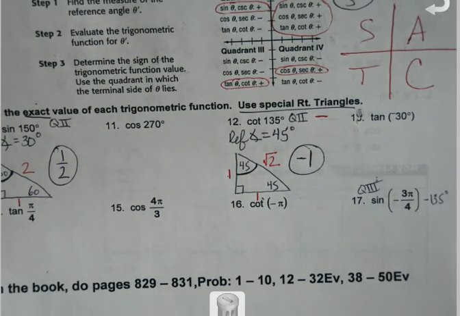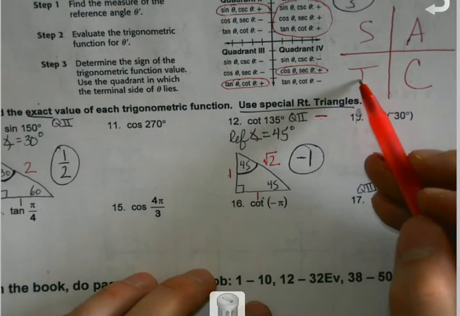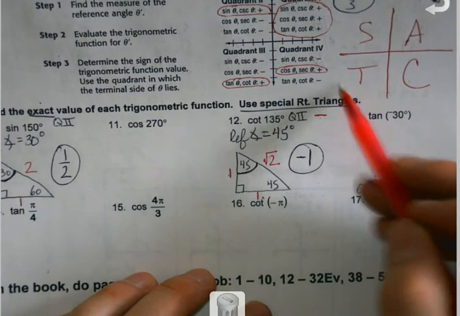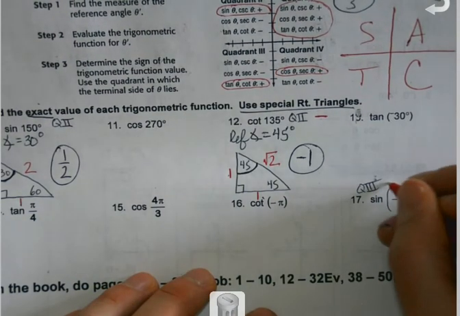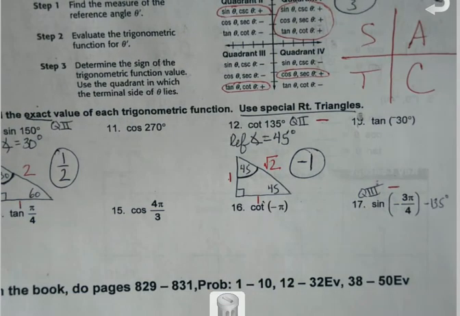And in quadrant number 3, is sine going to be positive or negative? In quadrant 3, sine's going to be negative because in quadrant 3, only tangent is positive. So we know our answer is going to be negative. So mental note. Next question.